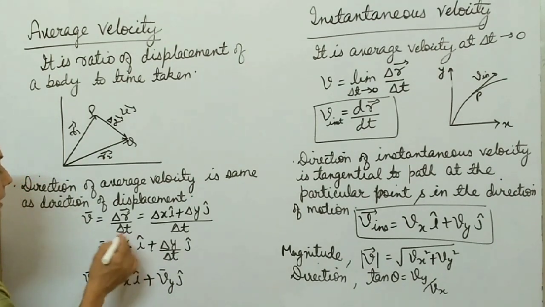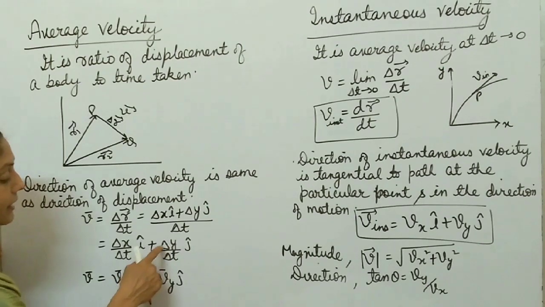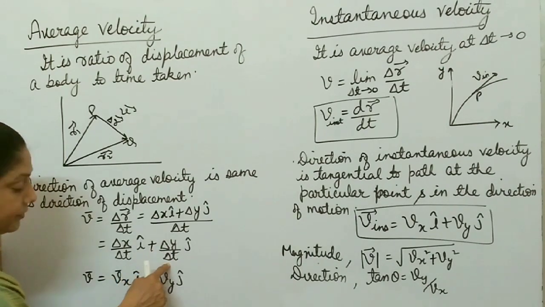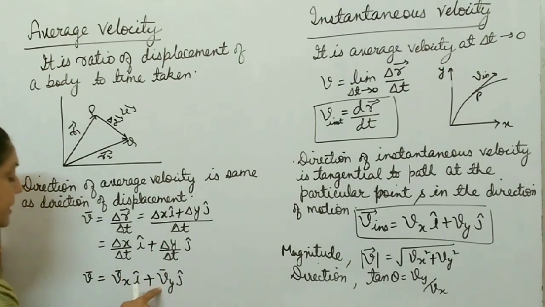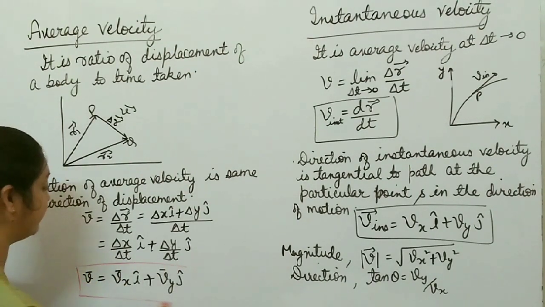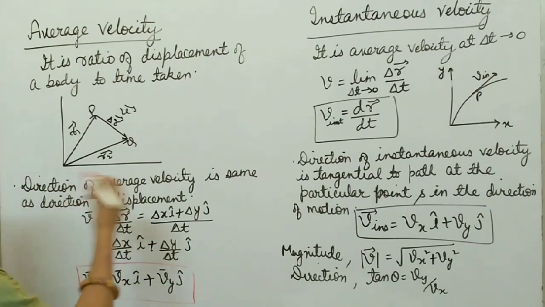This delta x by delta t is what? Velocity along the x-axis, and this delta y by delta t is what? Velocity along the y-axis. So this average velocity is equal to average velocity along the x-axis plus average velocity along the y-axis. This is the expression for average velocity, right? And its direction is what?